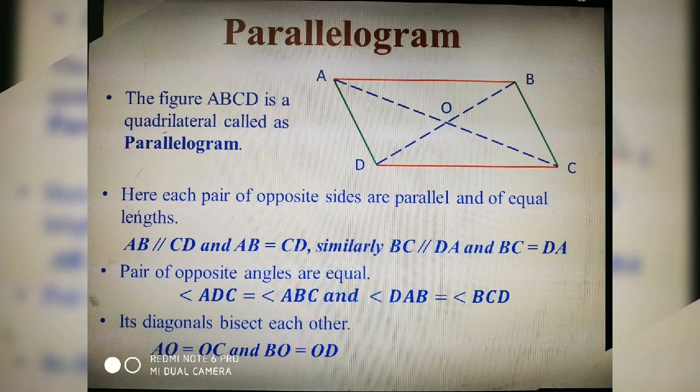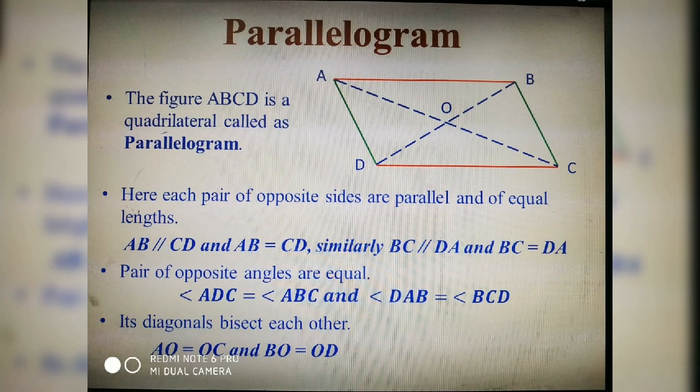Then we come to parallelogram. A parallelogram is a quadrilateral in which each pair of opposite sides are parallel to each other. Here in this figure, ABCD is a quadrilateral called a parallelogram because each pair of opposite sides are parallel and of equal lengths.